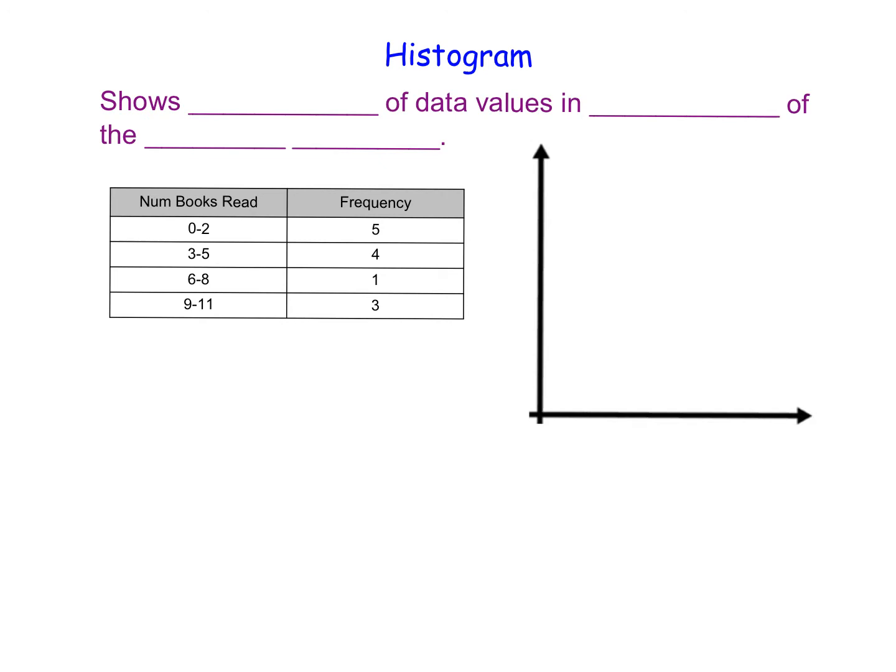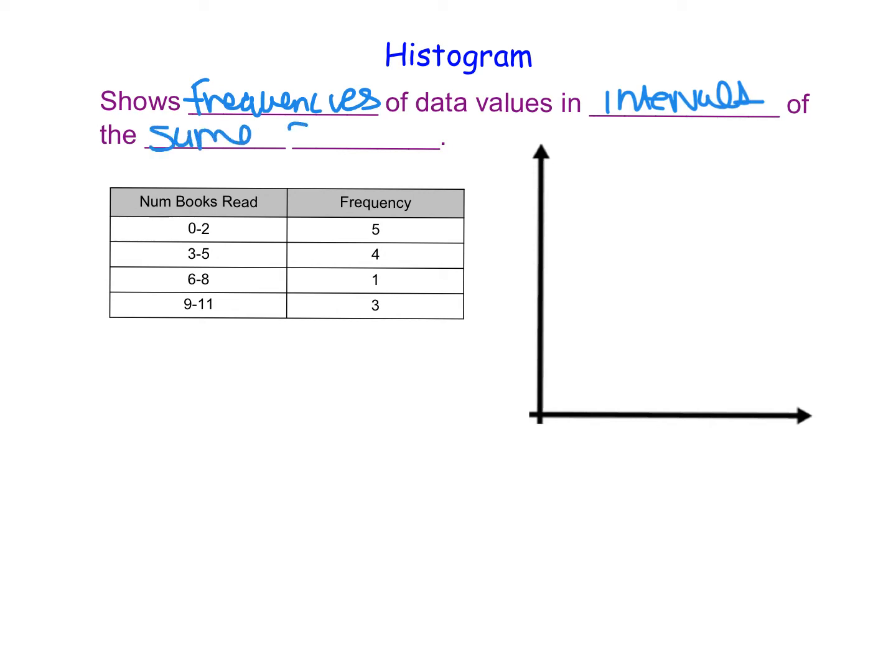So the next thing that we have is a histogram. And a histogram and a bar graph look similar, but they represent different types of data. So a bar graph represents data that is categories that are non-numerical. Histograms show frequencies of data values in intervals of the same size.